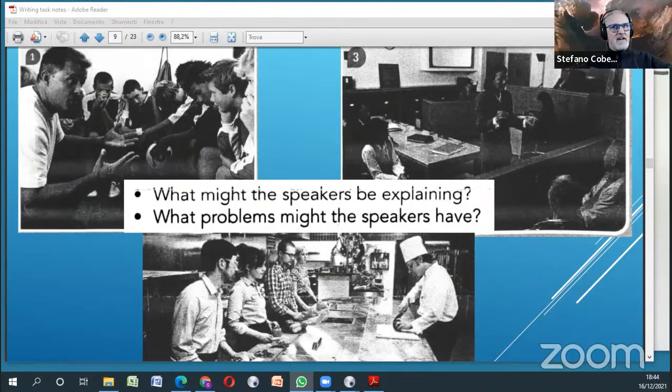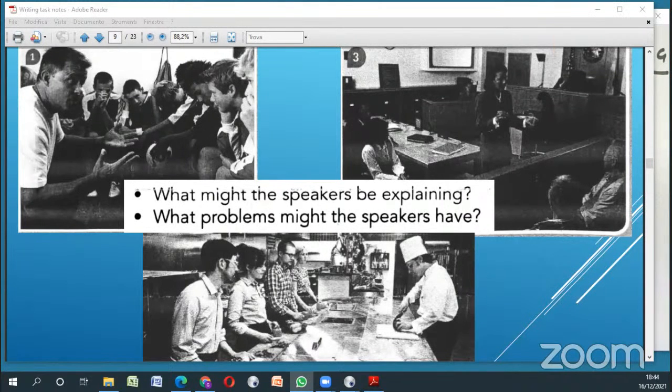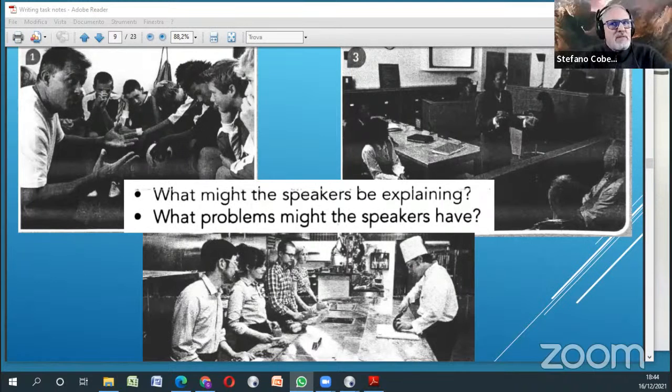That's fine. That's excellent. That's great. So the question then becomes, what problems might she have? She's trying to convince the jury. She's trying to lay down the evidence from the point of view of the defendant, who is saying obviously that they didn't do the thing, whatever that is. But what problems does the speaker have here?